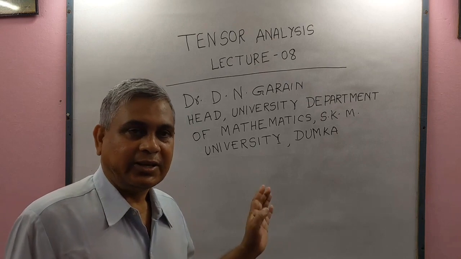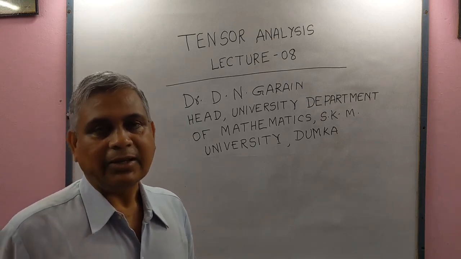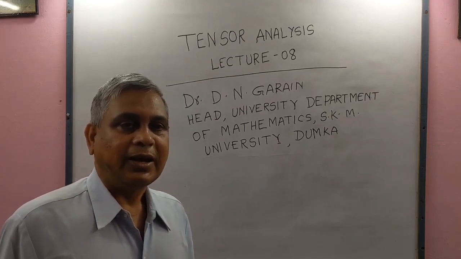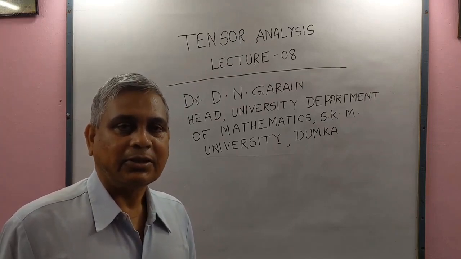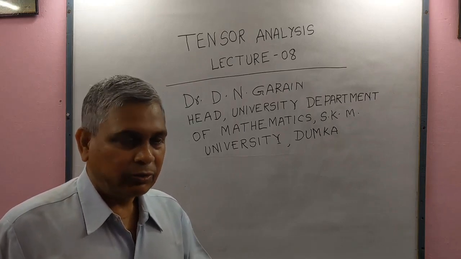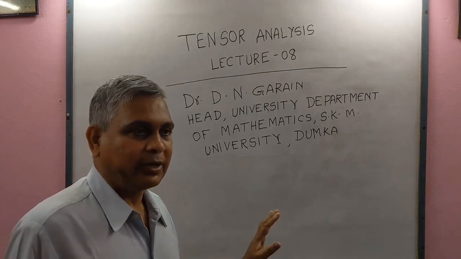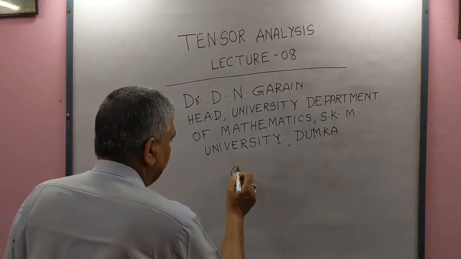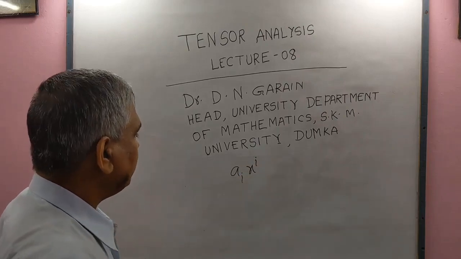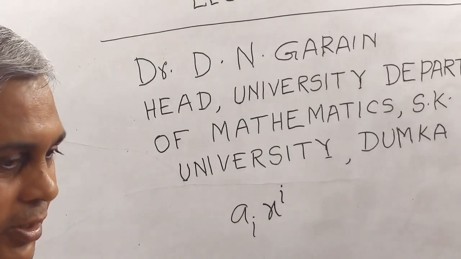Before starting the miscellaneous problems, I would say something: some persons may be confused about using alpha as a dummy suffix always, but no one has to be confused, as I am giving the idea. A_i x_i is a term in which i stands for a dummy suffix.